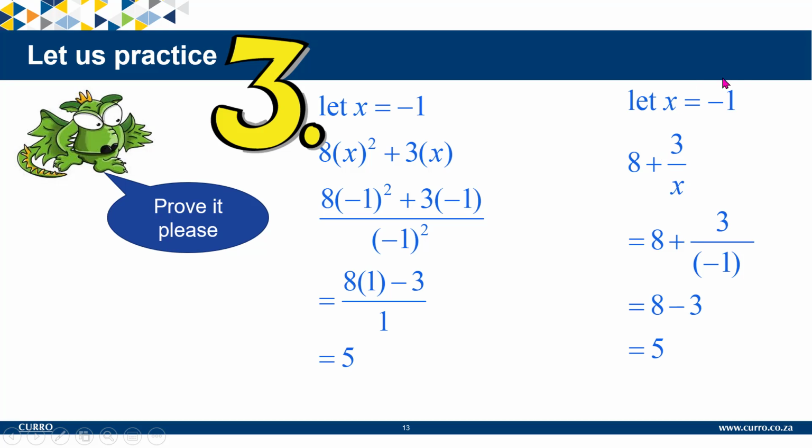So all we need to do here is put the negative 1 in the place of x in the denominator. So 3 divided by negative 1 is negative 3, and 8 minus 3 is 5. And I don't know about you, but it was much easier to use substitution on this simplified expression. And that's why we have to simplify expressions.